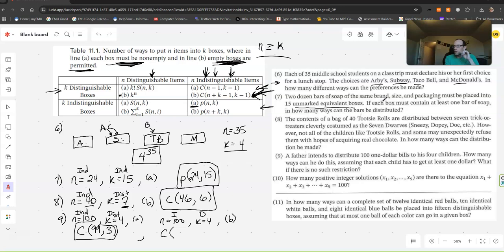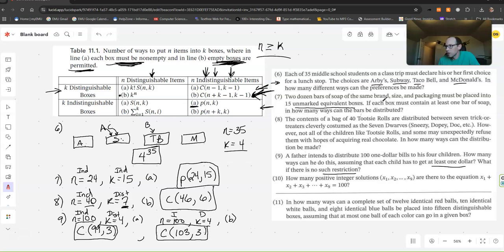So 100 plus 4 minus 1 is 103. And then k minus 1, 4 minus 1 is 3. So we have 99 choose 3 for the first question, and 103 choose 3 for the second one.